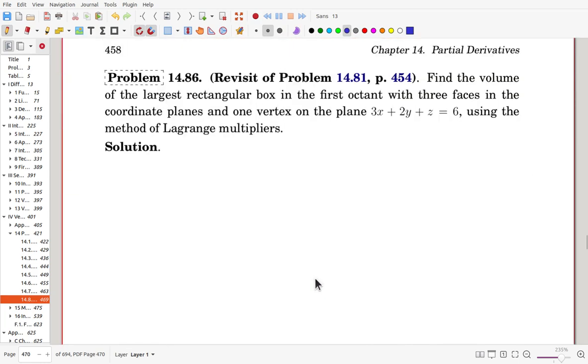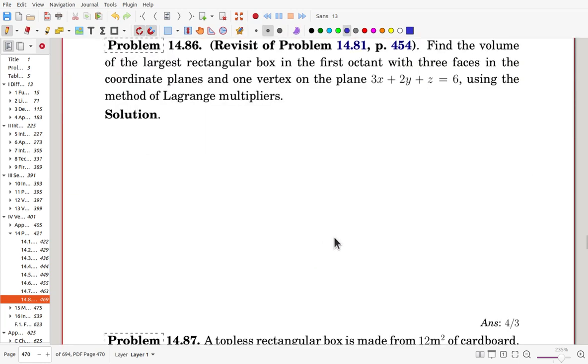Let's go to a problem. For this one, we solved the problem earlier. Find the volume of the largest rectangular box in the first octant with three faces in the coordinate planes and one vertex on the plane, using the method of Lagrange multipliers.